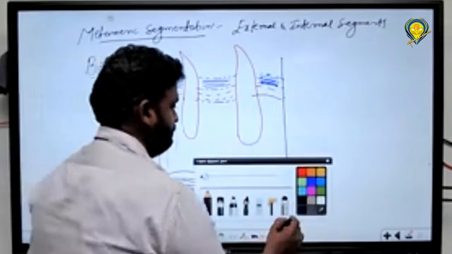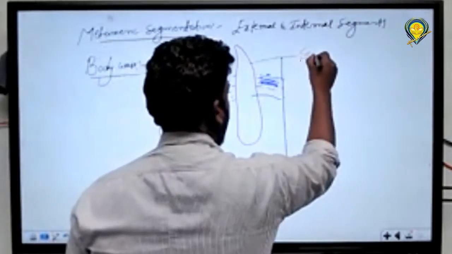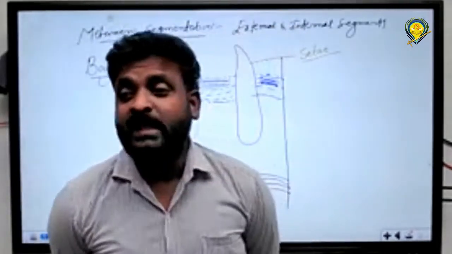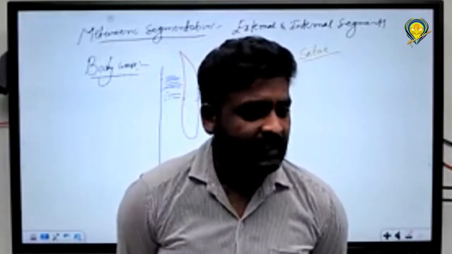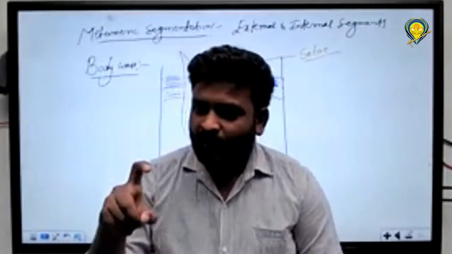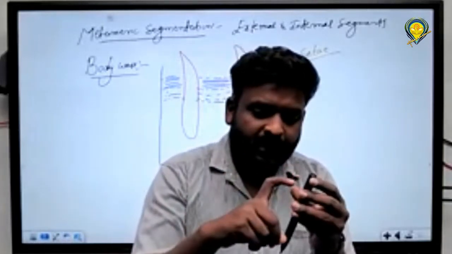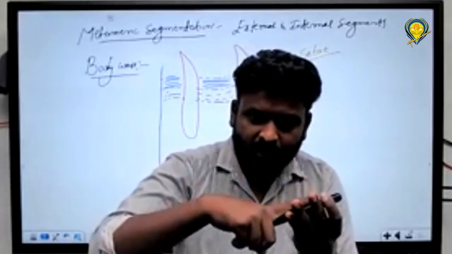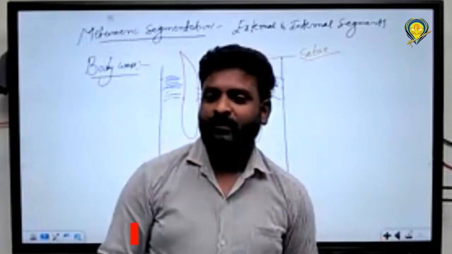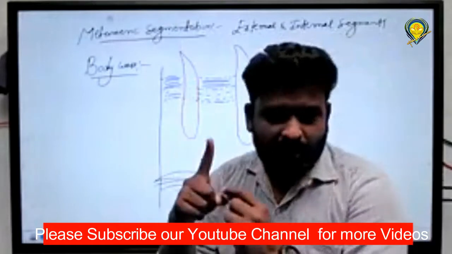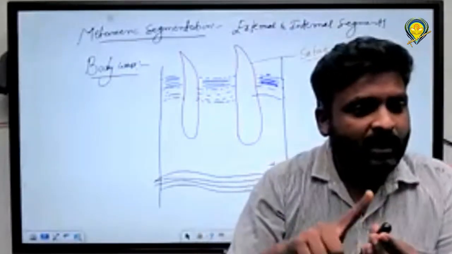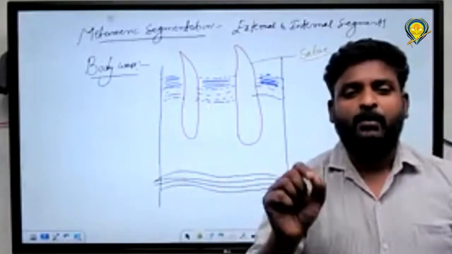This is the structure of what is it? Setae. You know very well about polychaeta and oligochaeta. Chaeta means setae, a structure which helps in locomotion. Just imagine it's an earthworm. While moving, they are attached to the substratum, so setae provide grip to the substratum. Right or wrong?